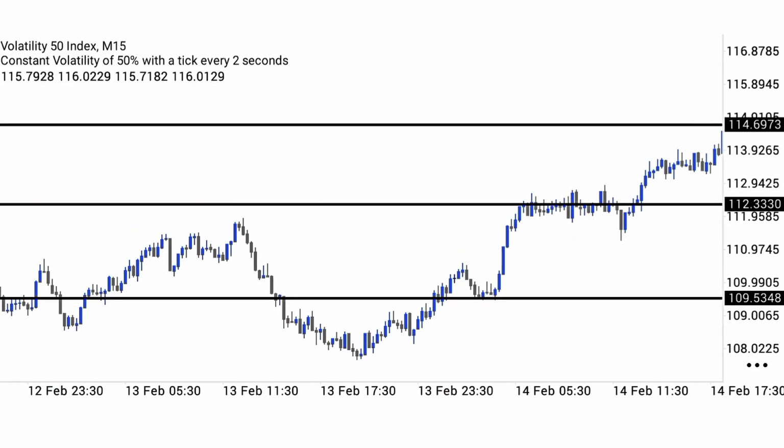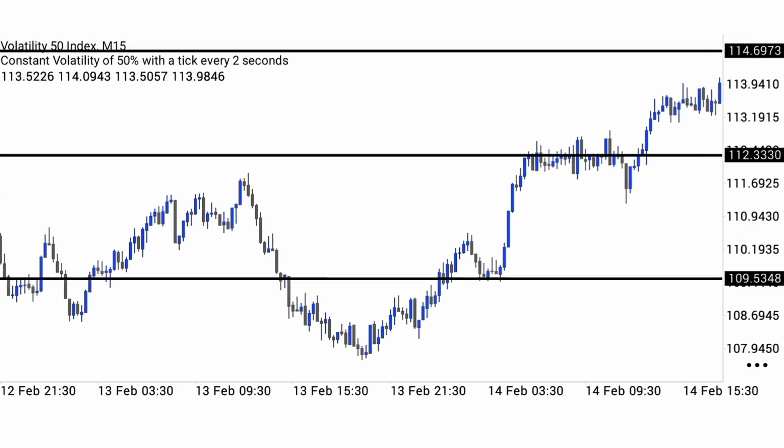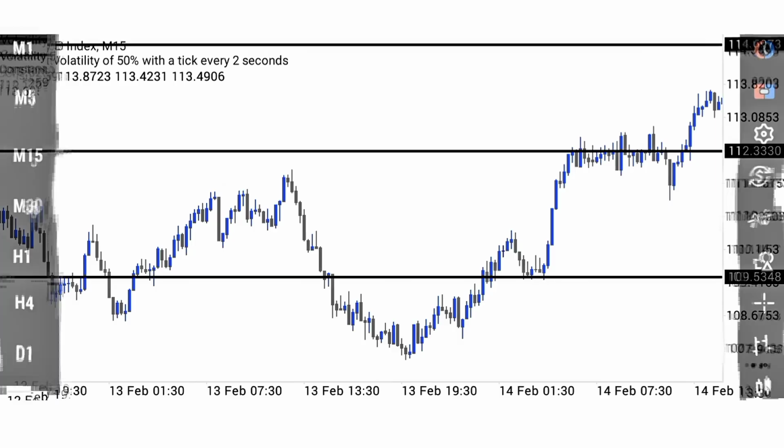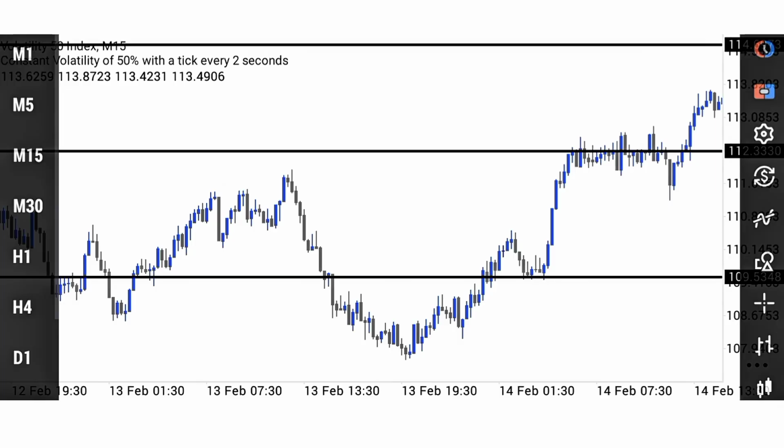So we are looking for pin bars when we are trading support and resistance.